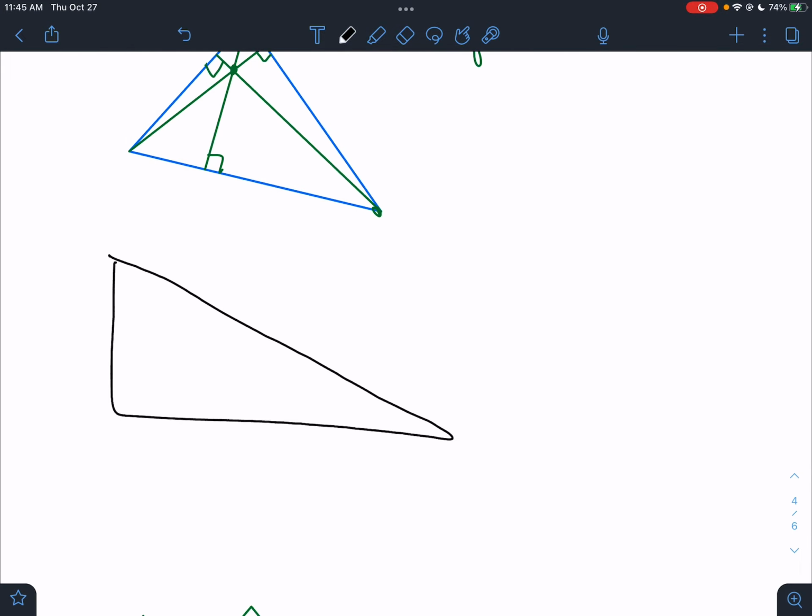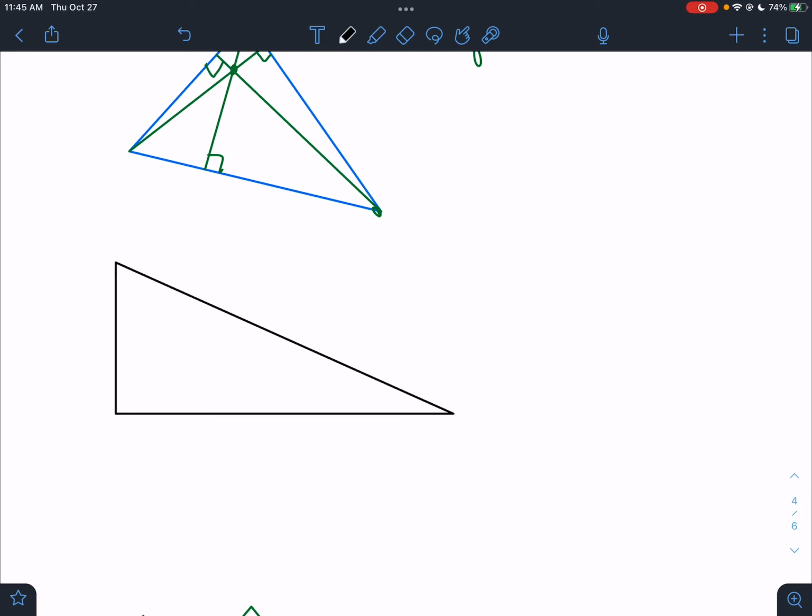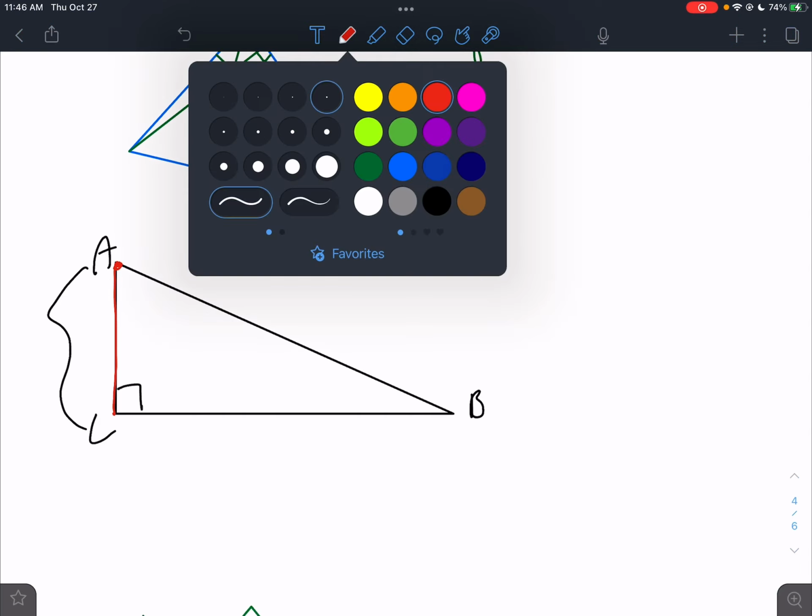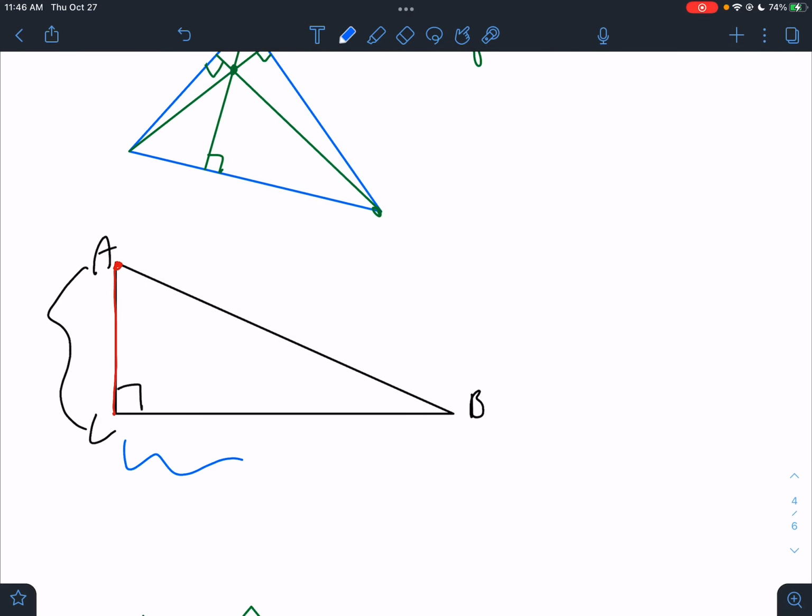If I were to draw a right triangle, call it ABC, that has 2 built-in altitudes. AC is an altitude. AC starts at A, and it is perpendicular to the opposite side. What's the other built-in altitude? That's BC.